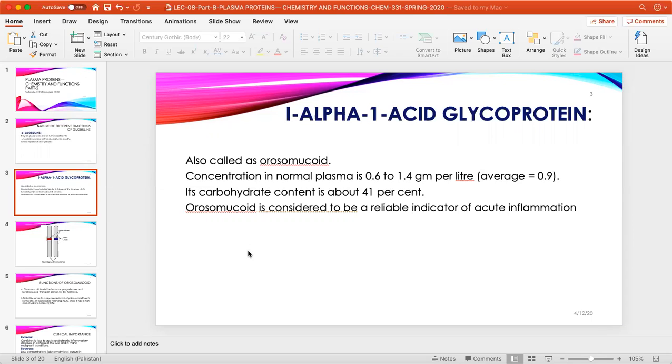The concentration of this in normal plasma is about 0.6 to 1.4 grams per liter, so the average is 0.9. The carbohydrate content in this is about 41%. Orosomucoid is considered to be a reliable indicator of acute inflammation. This acute inflammation can be anywhere.